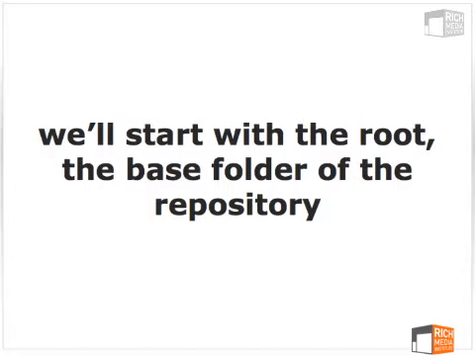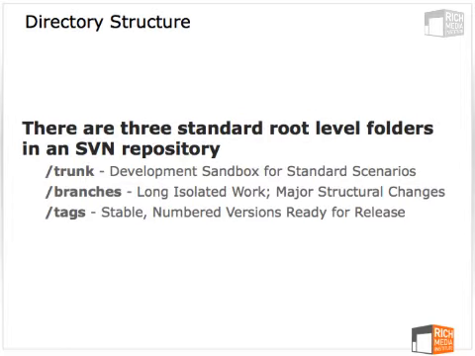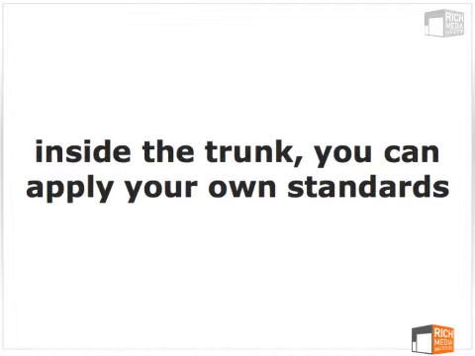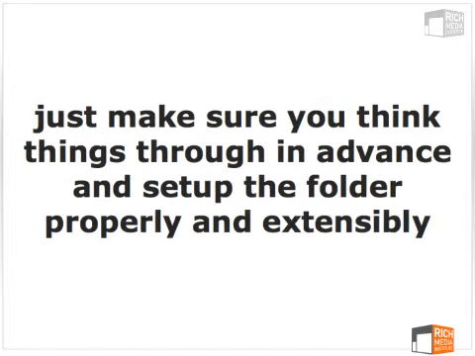A typical SVN repository structure consists of branches, tags, and trunk. The two that you should be concerned with at this point are trunk and tags. Trunk is where you will be working out of, and most likely whomever set up the repository will have provided a version number or some sort of unique location within trunk for your specific project files to go.